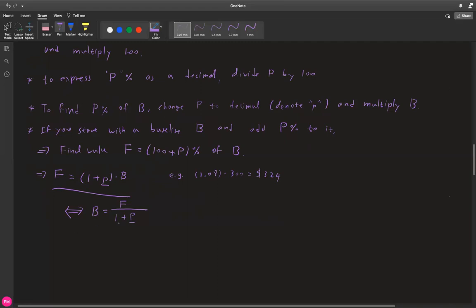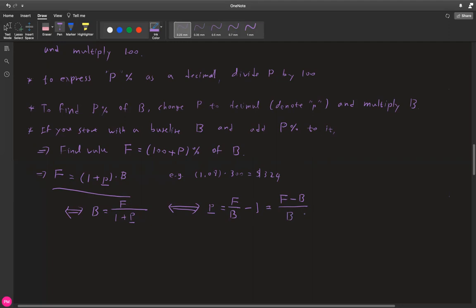And by simple arithmetic, which I'm not going to go through in detail, this is also the same as saying that the percentage in decimal can be found by doing the final value over the baseline minus 1, or equivalently, final value minus baseline over base value.